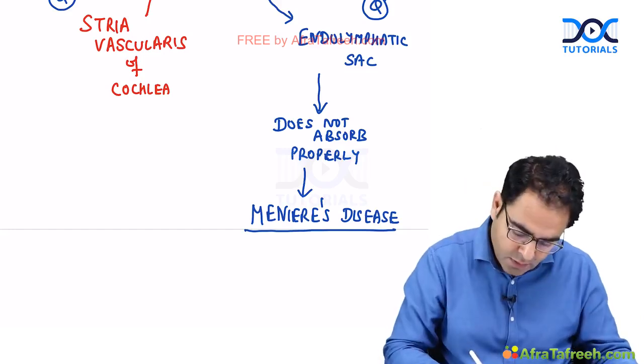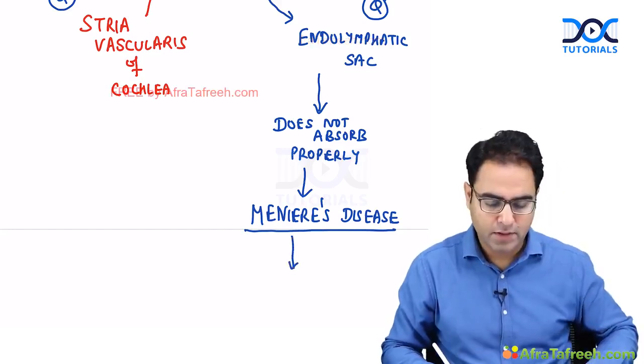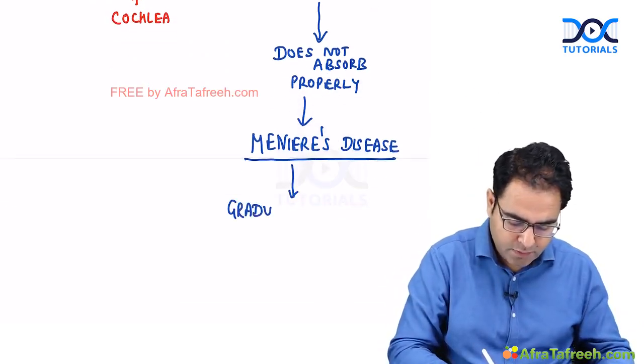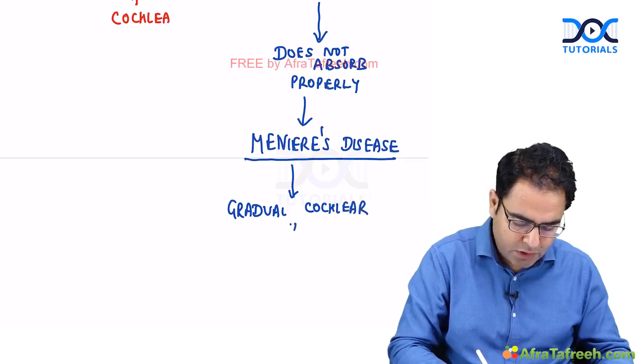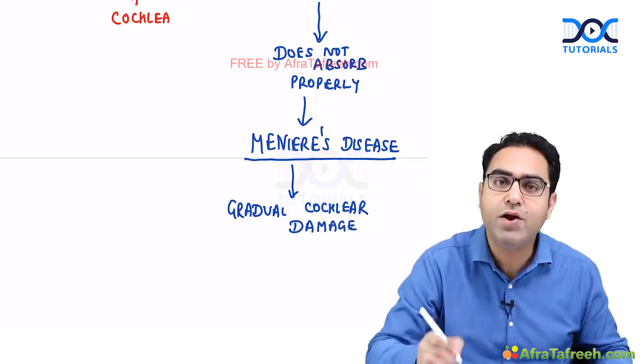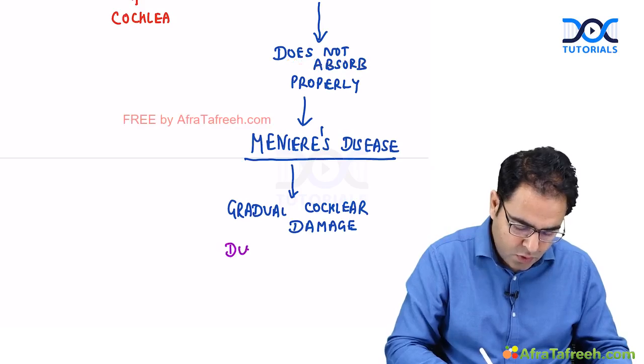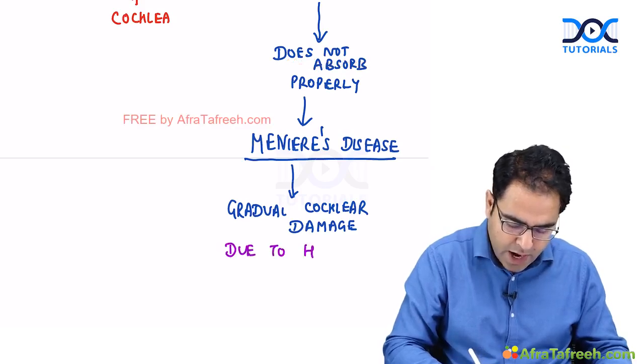Now, in Meniere's disease, what will happen? There will be gradual cochlear damage due to high endolymphatic pressure.